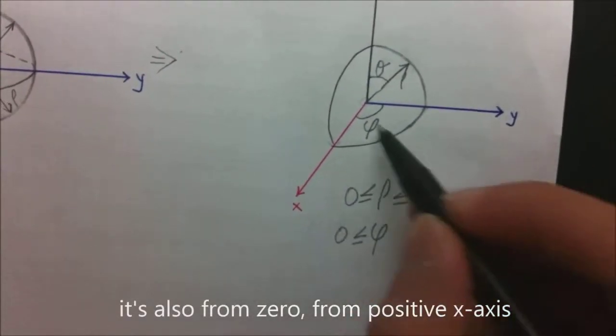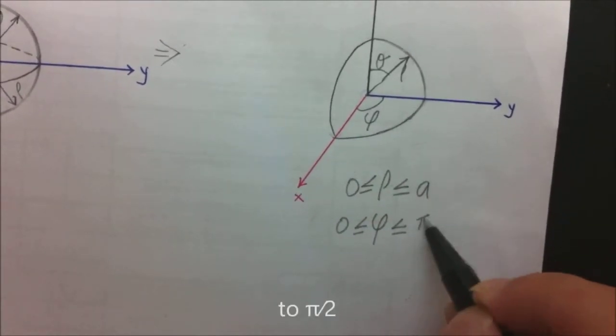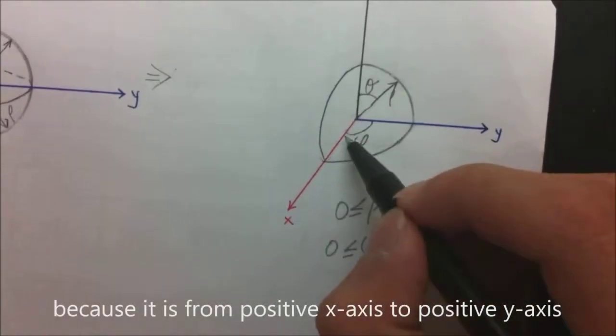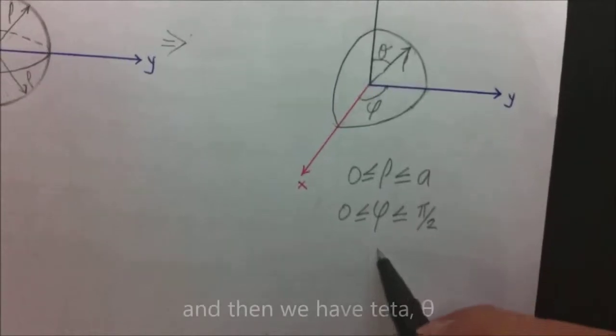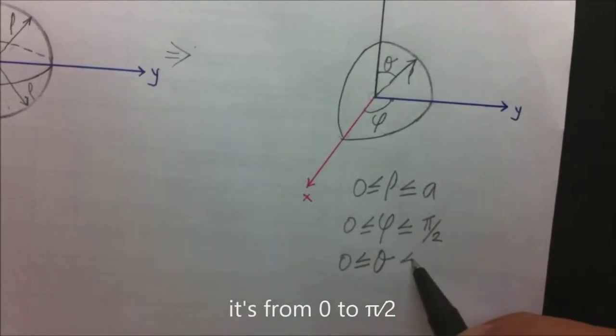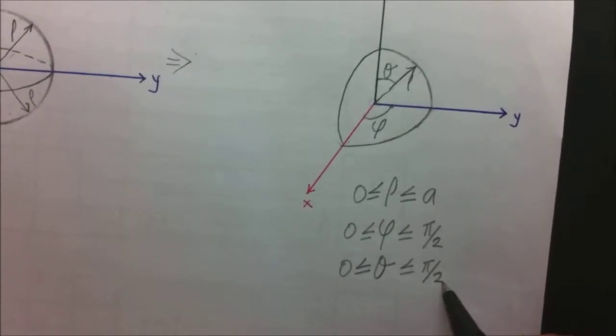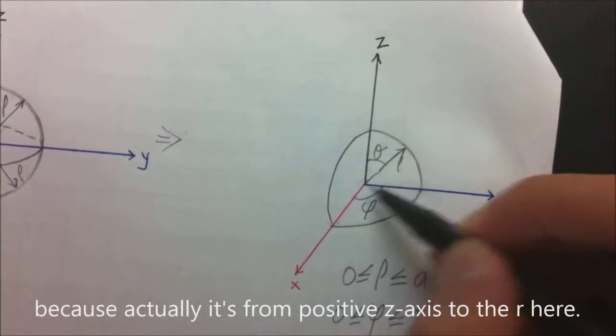It's also from 0, from the positive x-axis, to pi over 2, because it's from the positive x-axis to the positive y-axis. And then we have theta. It's from 0 to pi over 2, because it's from the positive z-axis to the radius here.